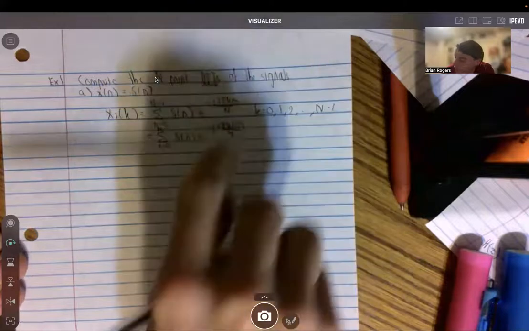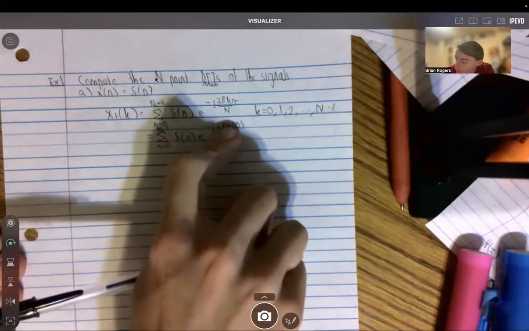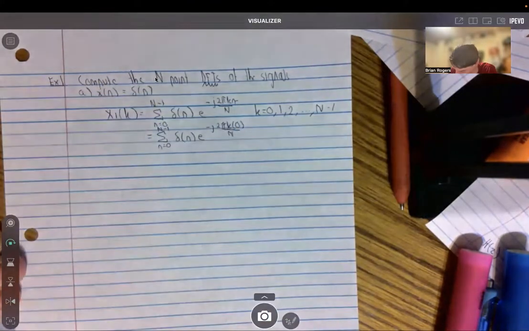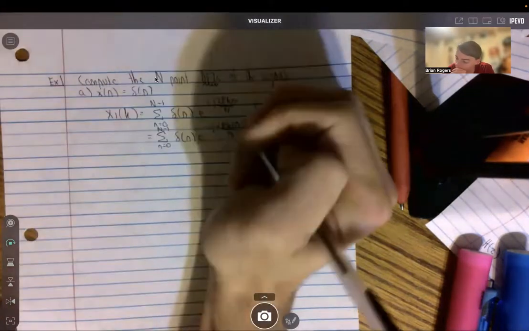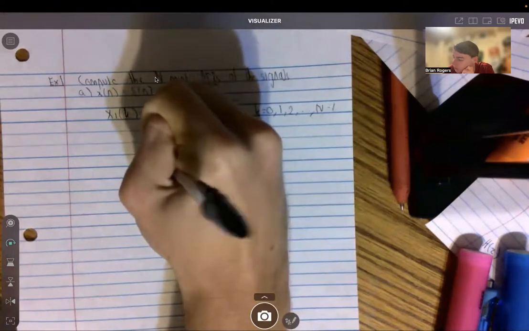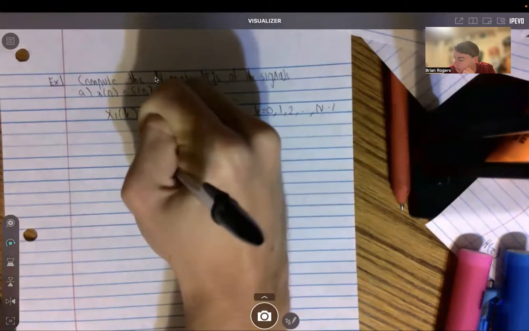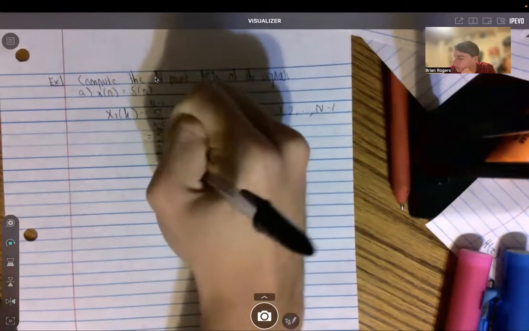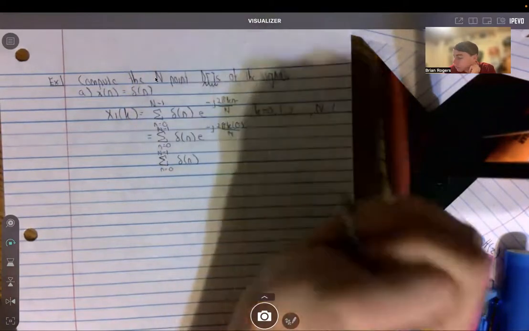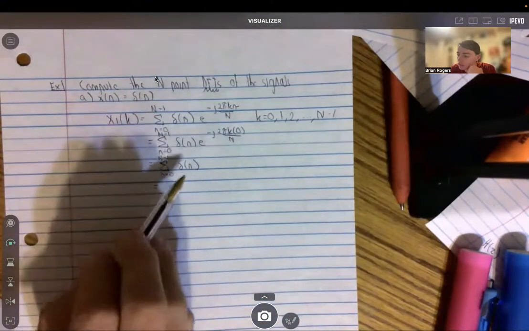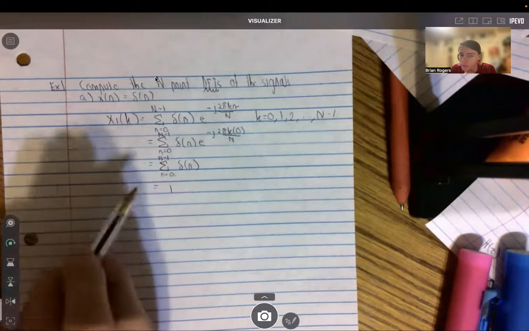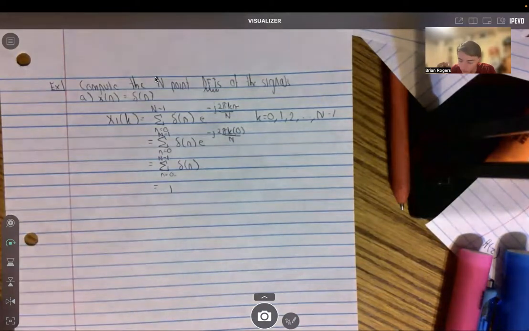And e to the 0 is 1, correct? So you're just going to get 1. Then the summation of delta[n] only occurs at step 0, so the entire summation is just going to equal 1. Because the delta function only occurs at 0, everywhere else it's 0, the entire summation would just equal 1.